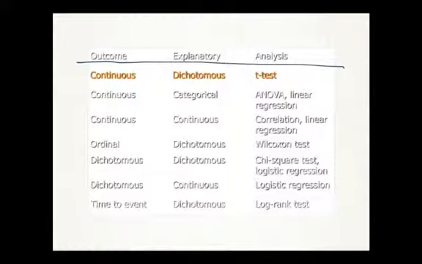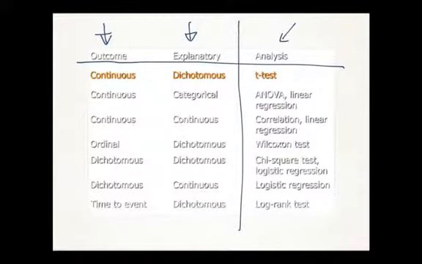You want to always think, what type of outcome variable do I have? Is it continuous? Is it ordinal? Is it dichotomous or binary? Is it a time to event variable? So that's the outcome. And then what kind of explanatory variable do I have? Once you have decided those two things, you'll be able to determine the type of statistical test or analysis that you need to conduct. So always think in terms of this matrix.